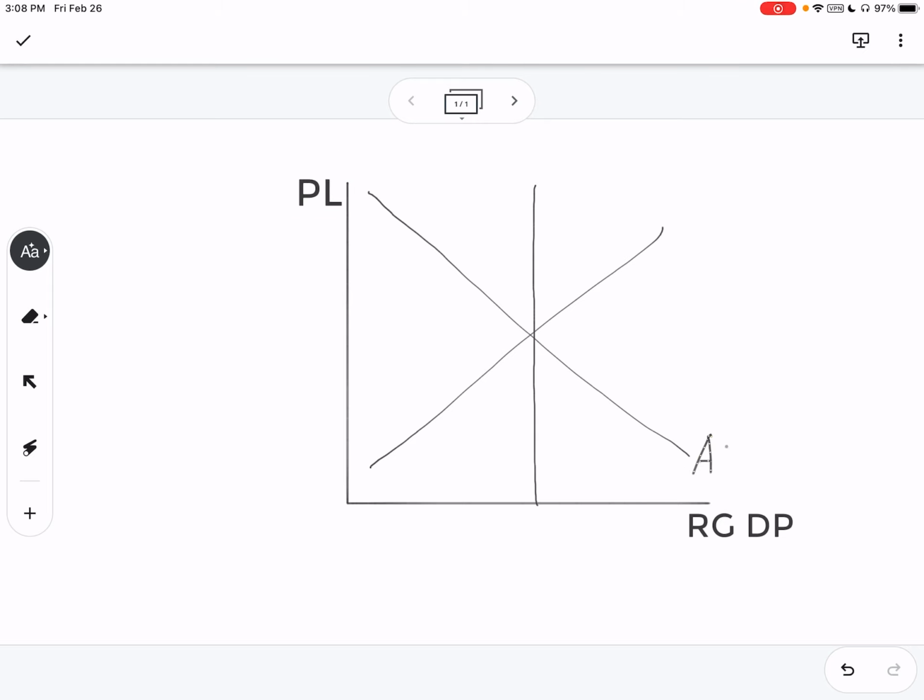This downward sloping line is aggregate demand. The upward sloping one is short run aggregate supply. And the vertical one here is long run aggregate supply, which intersects at full employment output.